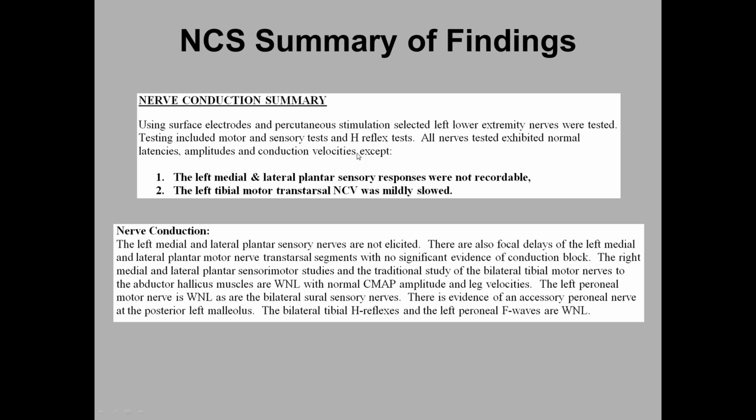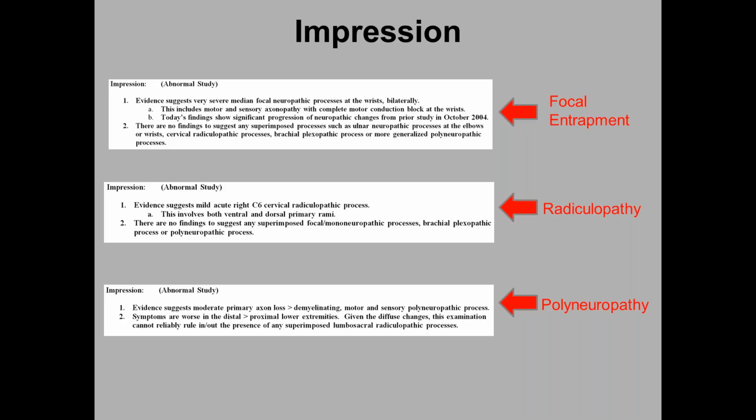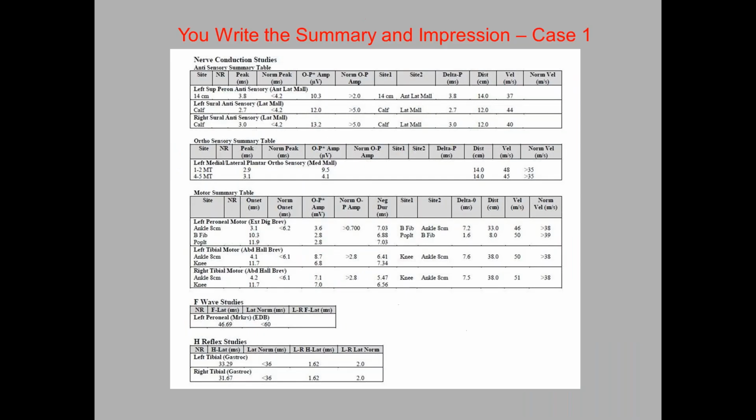Right? Okay. So selected motor sensory late responses from bilateral lower extremities demonstrate normal latencies, amplitudes, and nerve conduction velocities, period. That's good.